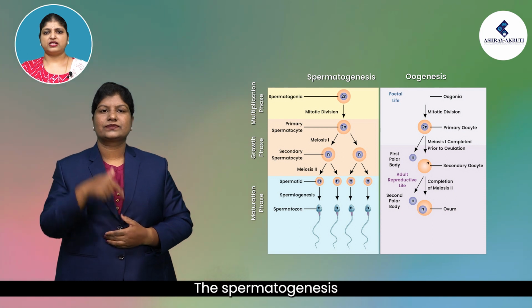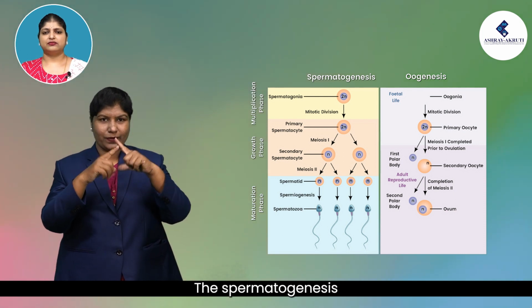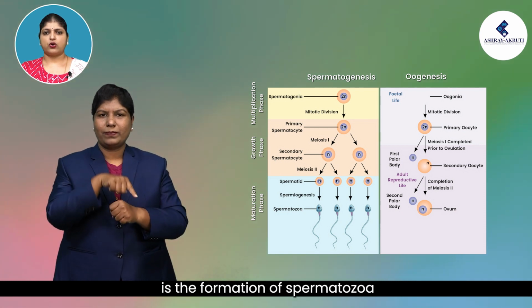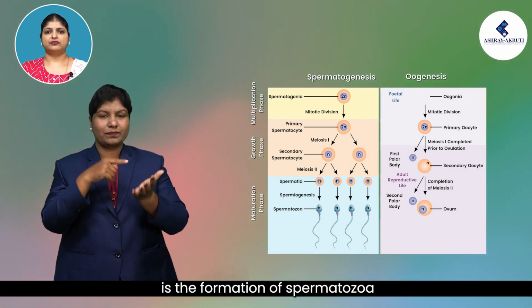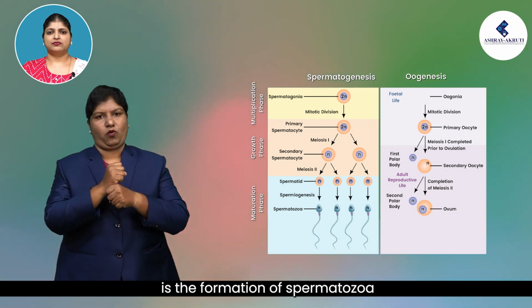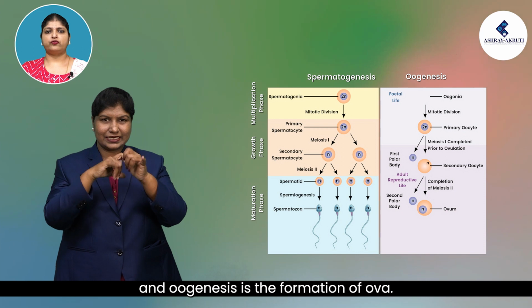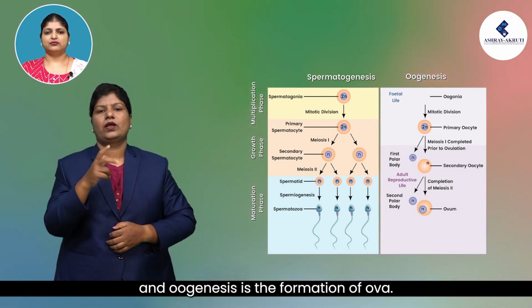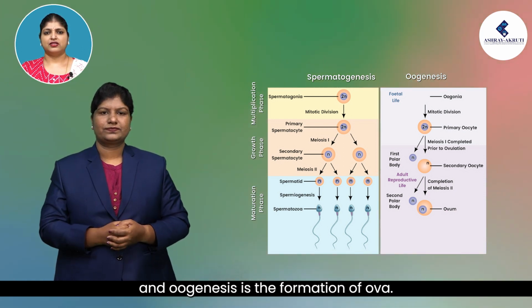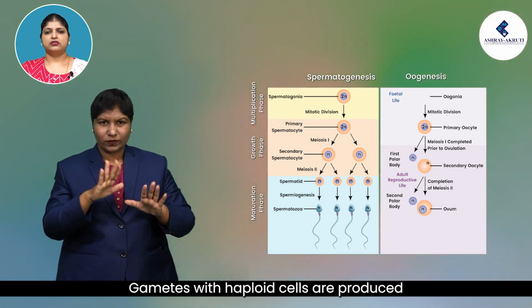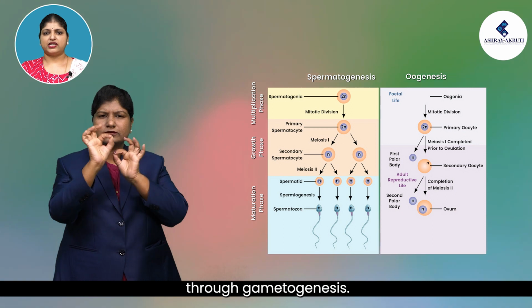The spermatogenesis is the formation of spermatozoa and oogenesis is the formation of ova. Gametes with haploid cells are produced through gametogenesis.